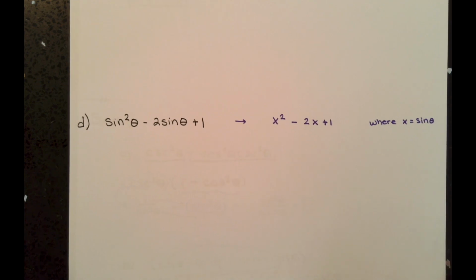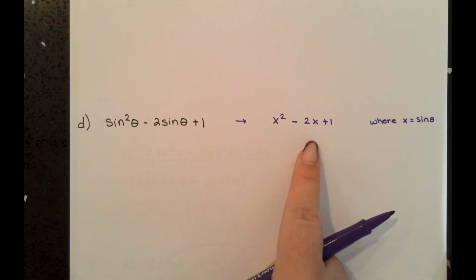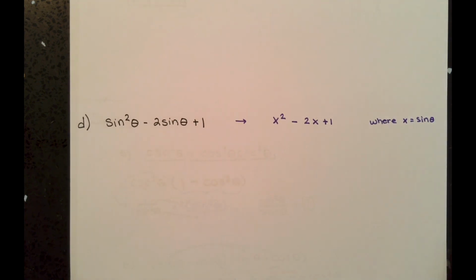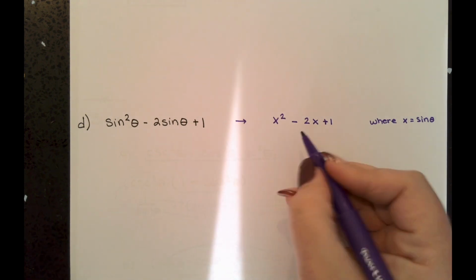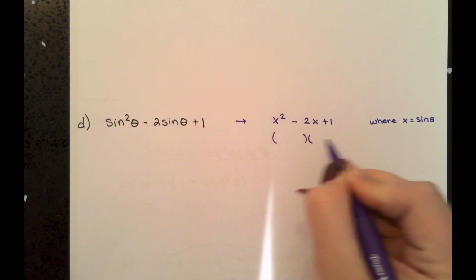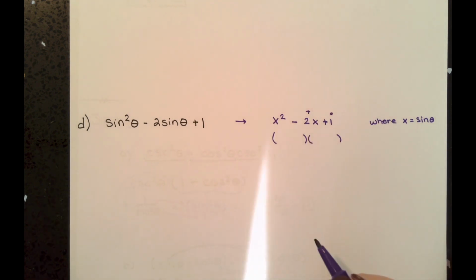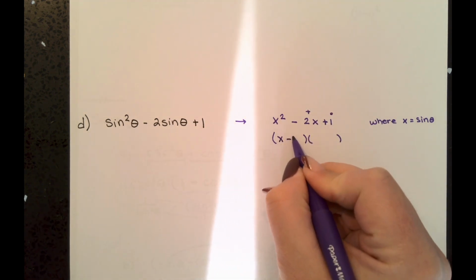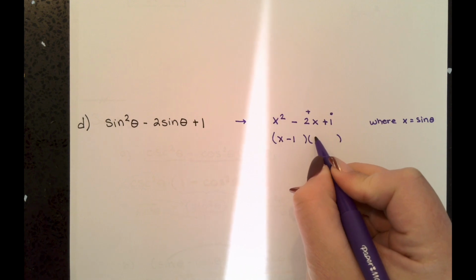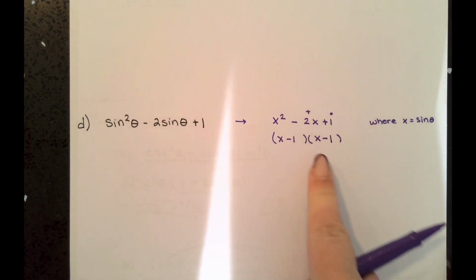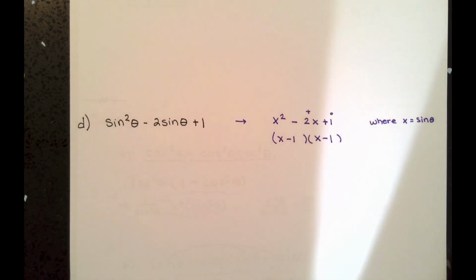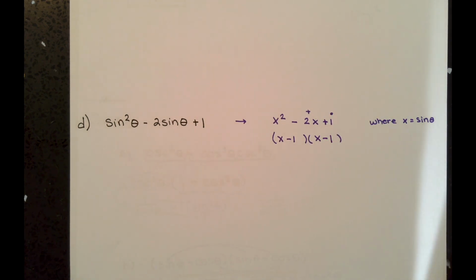Okay. So since we have this one here, how would we proceed? Well, we did something very similar. We would do guess and check. So what two numbers multiply to 1 but add up to -2? So we said it was -1 and -1. So then we would use that to factor our original with sine.